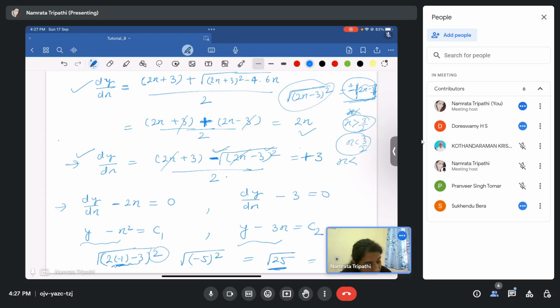Then after taking these four cases, two from upper and two from lower, you will get just these two characteristic equations. This is for x greater than 2, because when you put plus you will get this, and when you put minus you will get this.